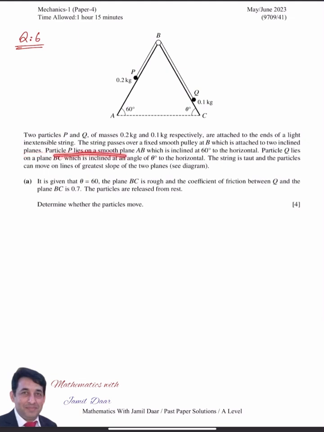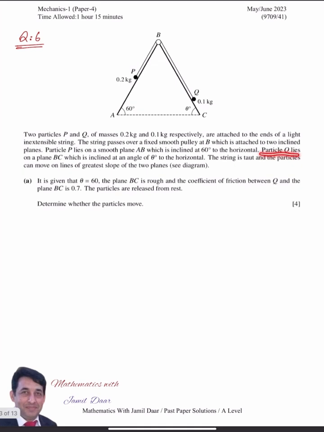The particle P lies on a smooth plane AB, which is inclined at 60 degrees to the horizontal. Particle Q lies on the plane BC, which is inclined at an angle theta to the horizontal. The string is taut and the particles can move on lines of greatest slope of the two planes.